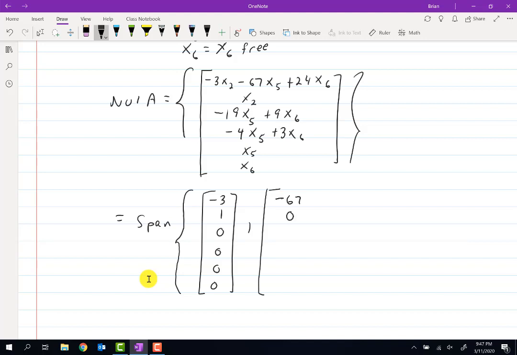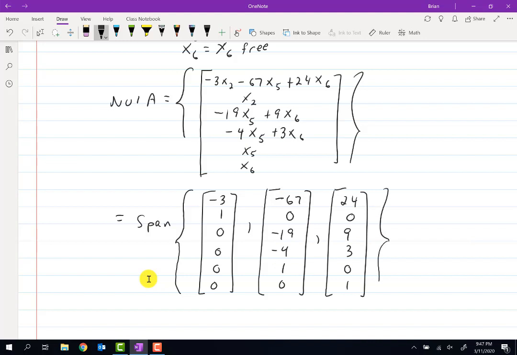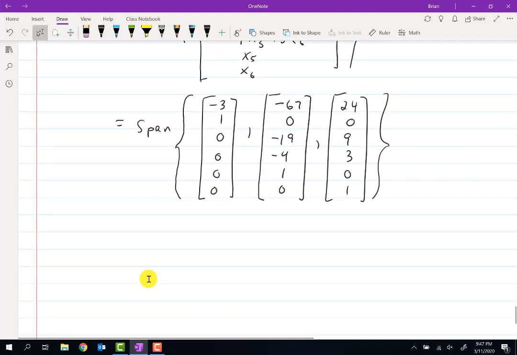And then finally the x6s, I had a 24, then a 0, then a 9, then a 3, 0, 1. So you can see the dimension of null A, we already knew this, but I wanted to specifically list the vectors that were the basis for null A.